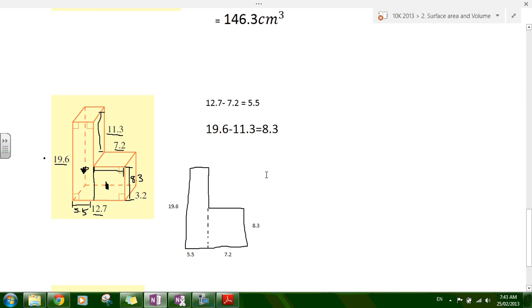So the area of this figure is equal to 7.2 times 8.3 plus 5.5 times 19.6.